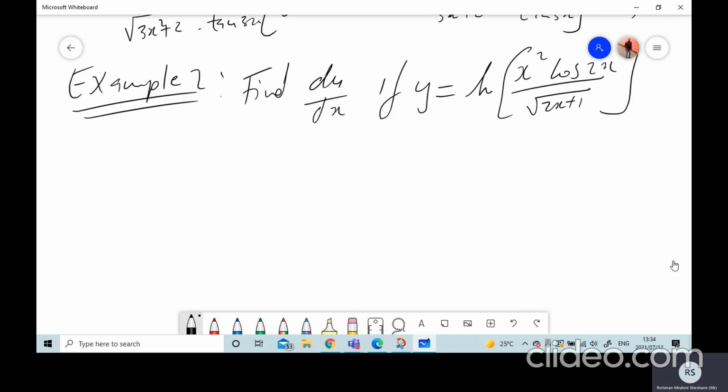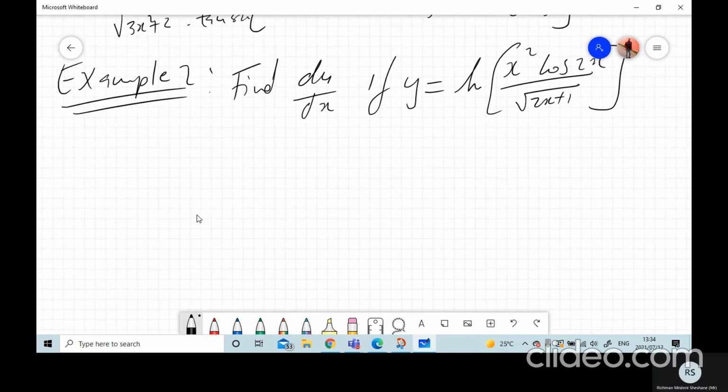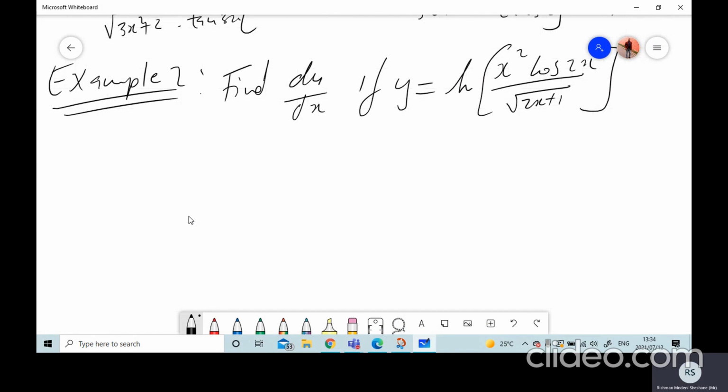All right. Let's look at example 2. I want to find dy/dx if y is a function of x, y is equal to ln of x squared cos of 2x over square root of 2x plus 1.